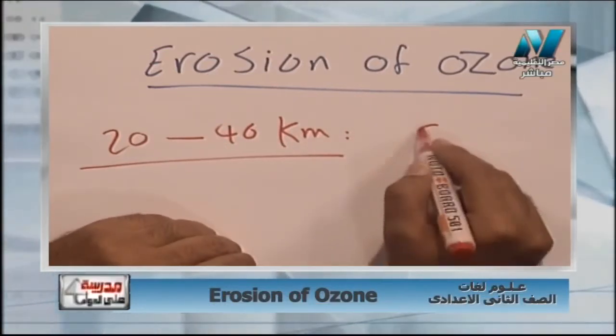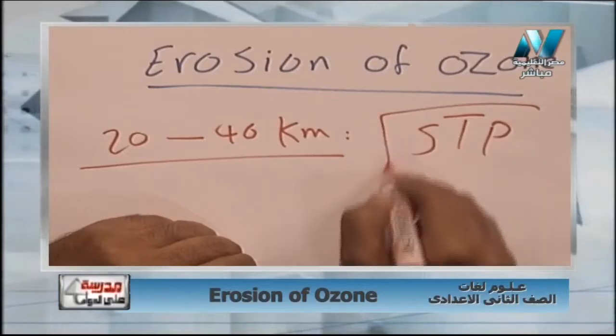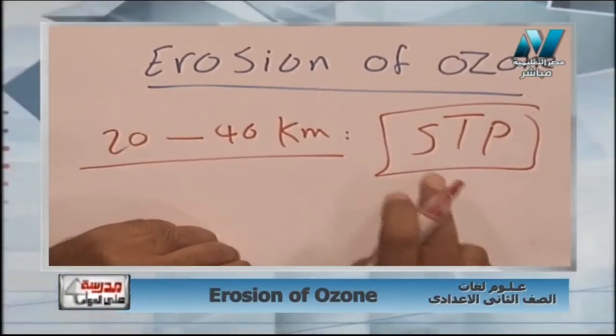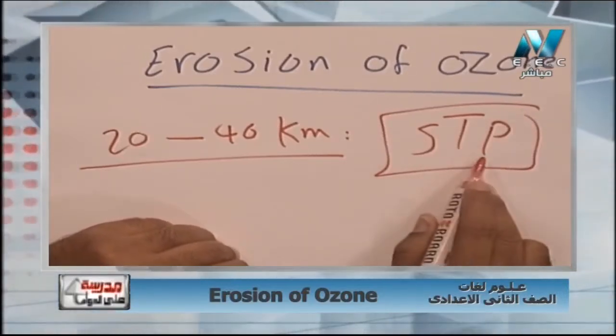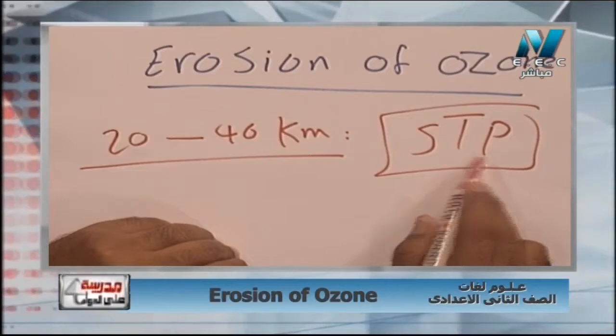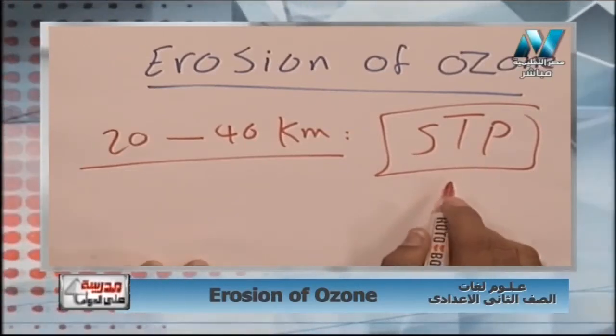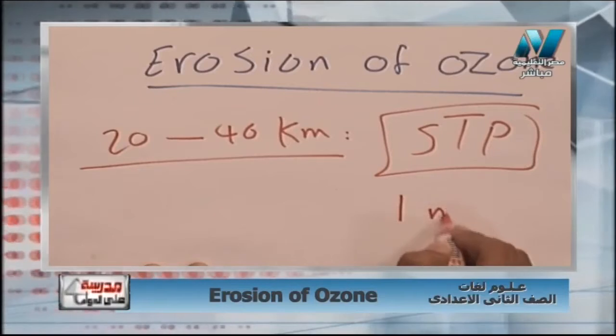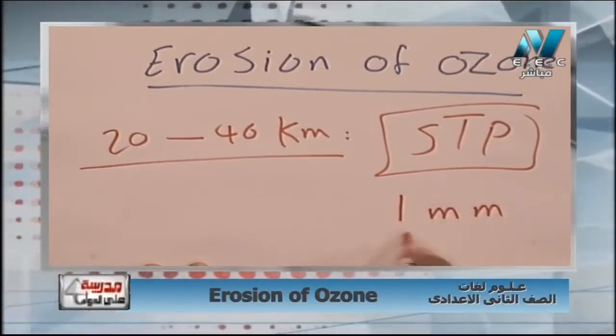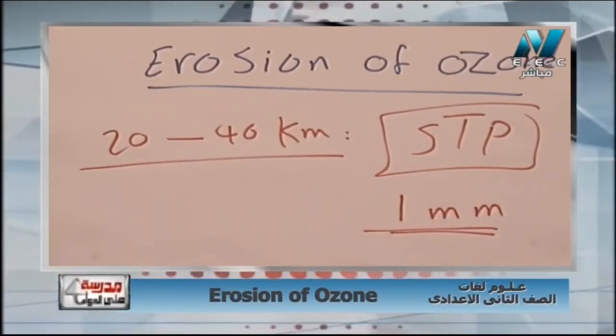But in STP, what's meant by STP? Standard temperature and air pressure. On the sea level, its thickness is 1 millimeter, just 1 millimeter. Okay?